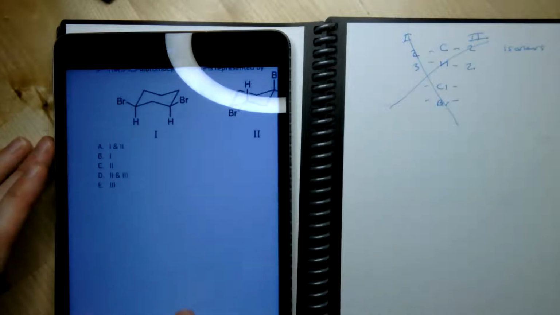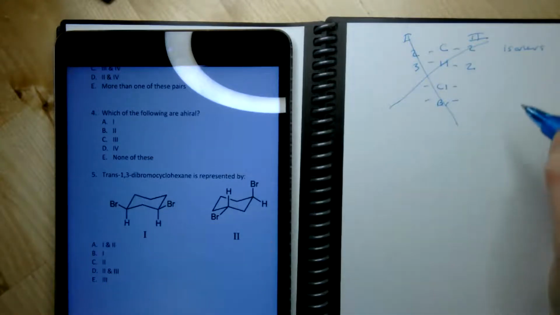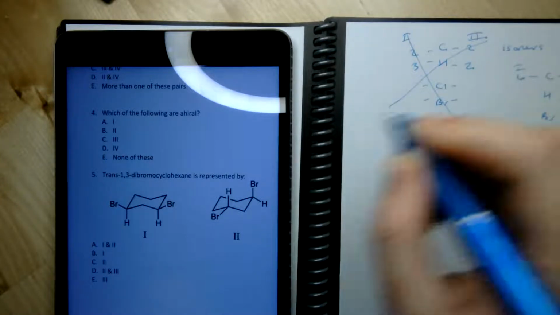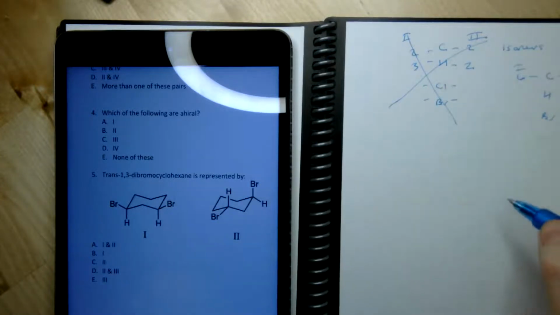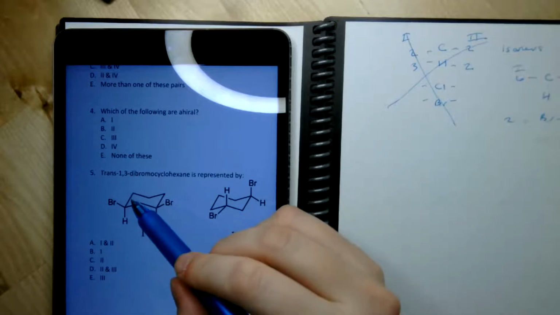So in this example right here, there's 6 carbons on the chain. It's made up of carbons, hydrogens, and bromines. There's 6 carbons on the ring for both of these, and then there's 2 bromines for each one. That's easy, so I'm going to write that out first because you can see them well. And then I'm going to count up my hydrogens.